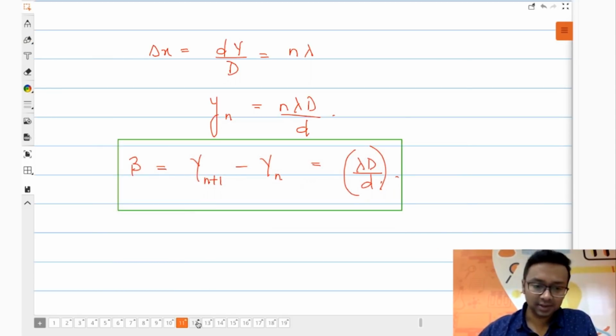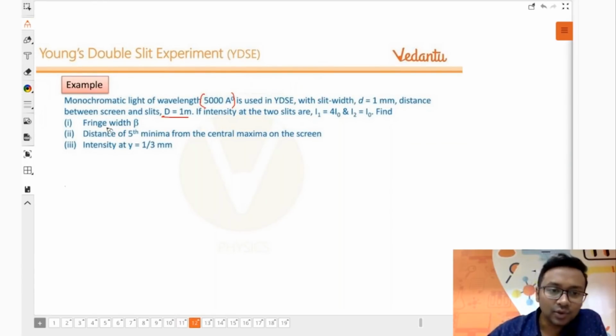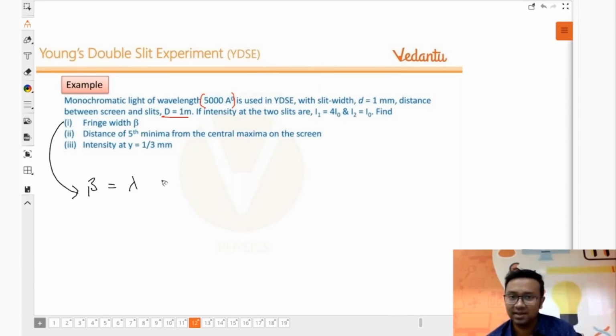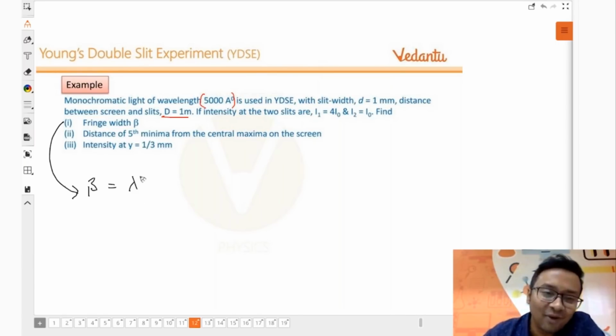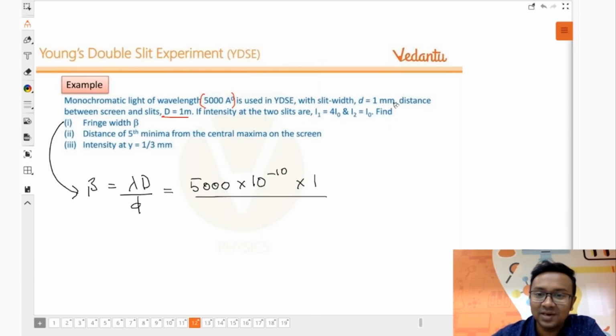All right, students, out here, let us have a look. So here, what is going to be my fringe width? Number one, B is lambda. This is a very simple one. So we have got lambda capital D by small d. Lambda is like 5000 into 10 to the power minus 10, into capital D, that is like 1 meter, divided by small d, that is 10 to the power minus 3.